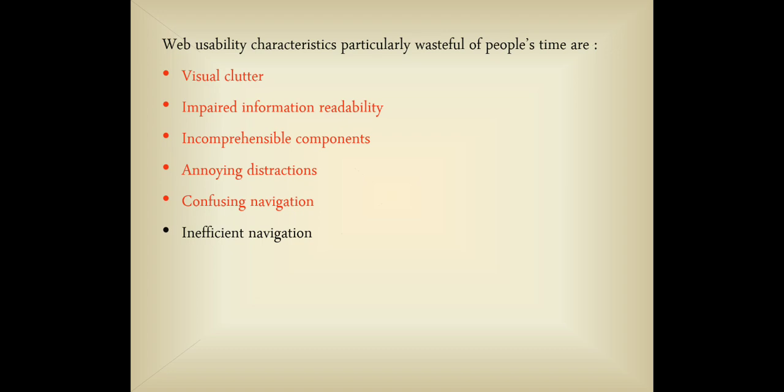After inefficient navigation, the next property that we see is inefficient operations. What do we mean by inefficient operations? Sometimes time is wasted doing many things, such as page download times, which can be excessive, and we end up downloading pages that contain large graphics or maps, large chunky headlines, or many colors that take longer to download than text.